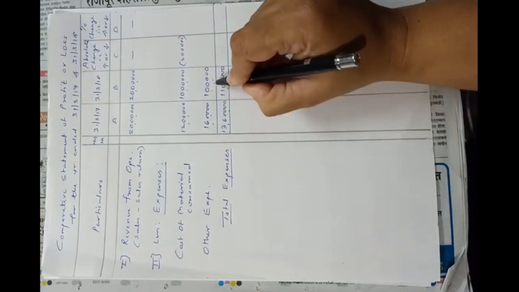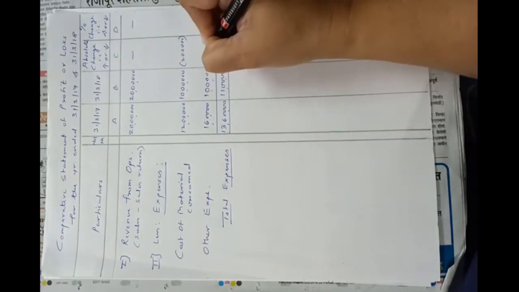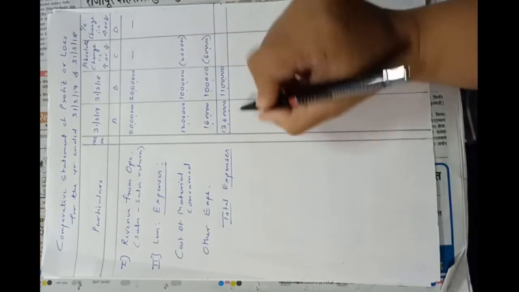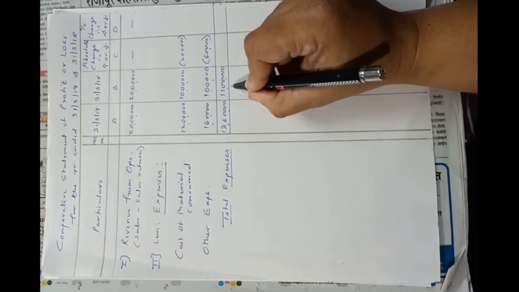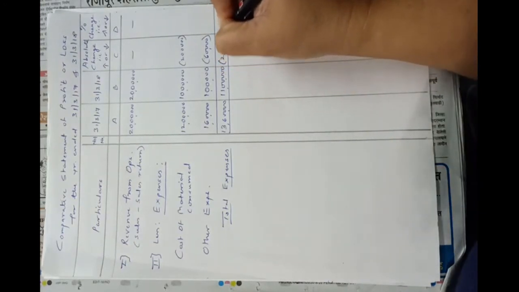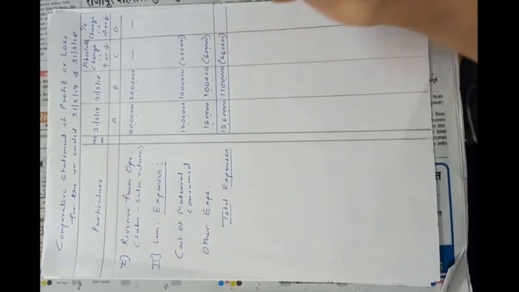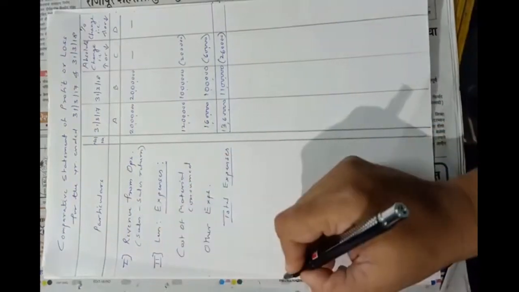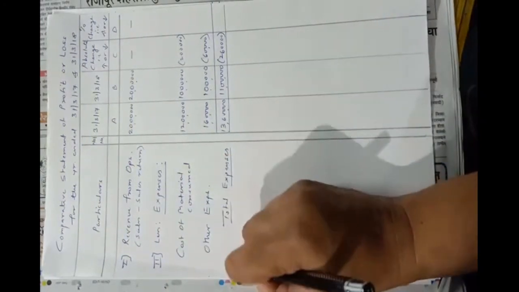Here 1,60,000 and 1 lakh, so decrease of 60,000. And now 13,60,000 and 11 lakhs means decrease of 2,60,000. Obviously the total of these two decreases. Okay, now third point will be profit before tax.